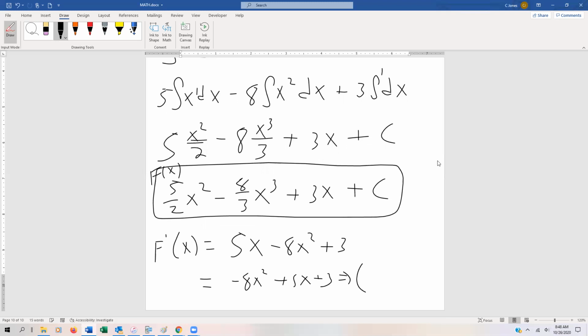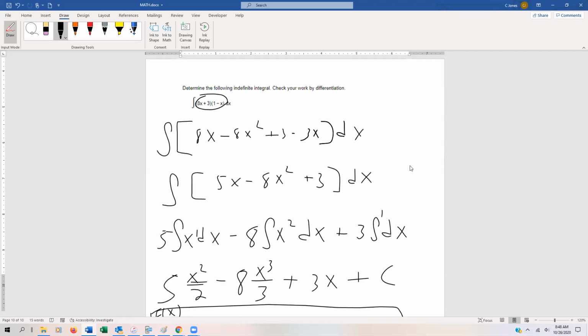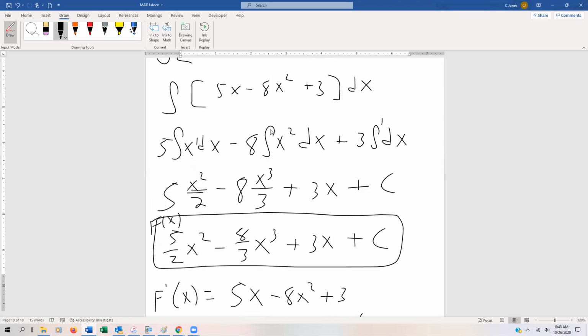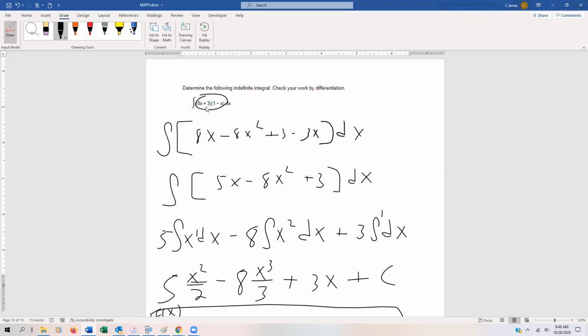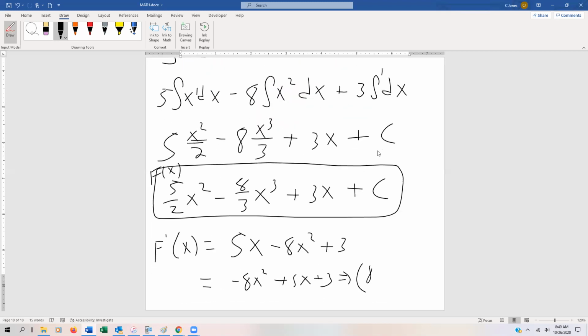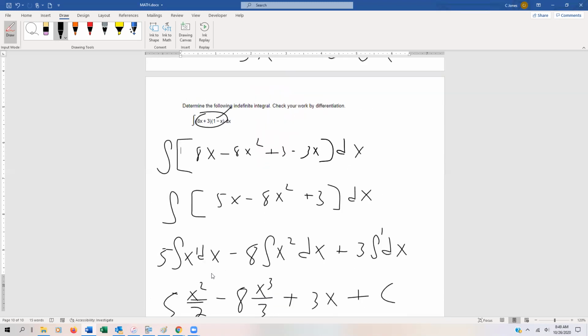And this would factor into, we could do 8x plus 3 at the beginning. In fact, that's the way it is up here, so we could just cheat and say 8x plus 3 times 1 minus x. And of course, we can check that, and it does equal negative 8x squared plus 5x plus 3. And the good news is that that was the original integral.